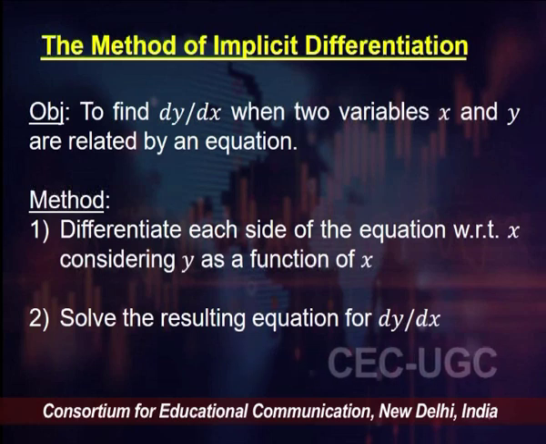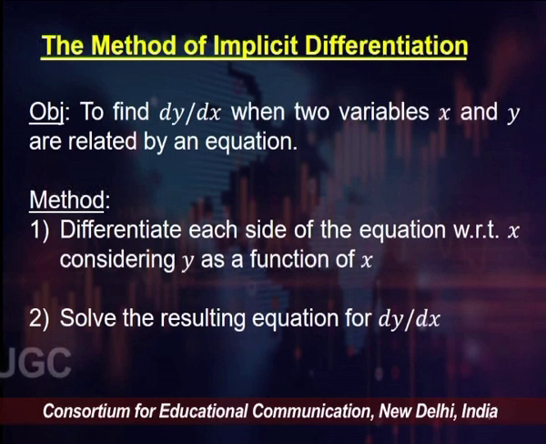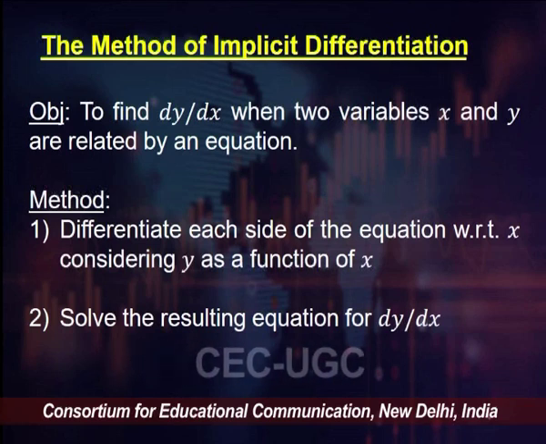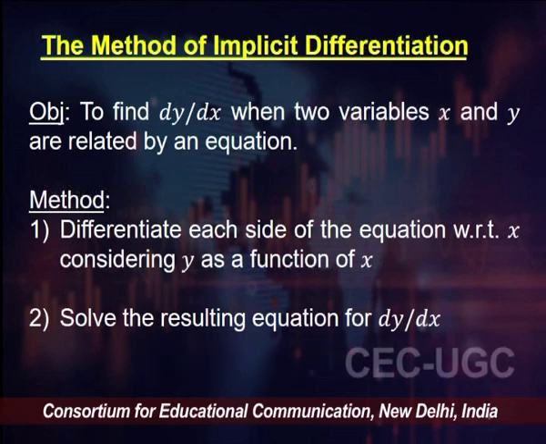So let us understand what the method of implicit differentiation is all about. Let us assume we have two variables, x and y, which are related by an equation. In this context, we want to find dy by dx.